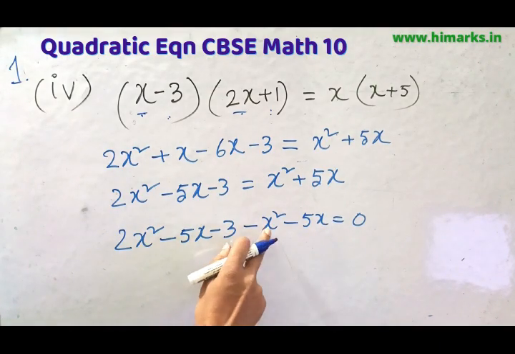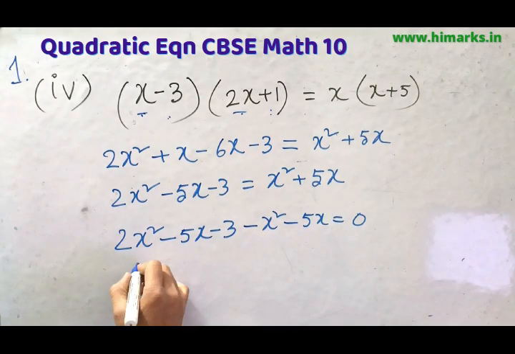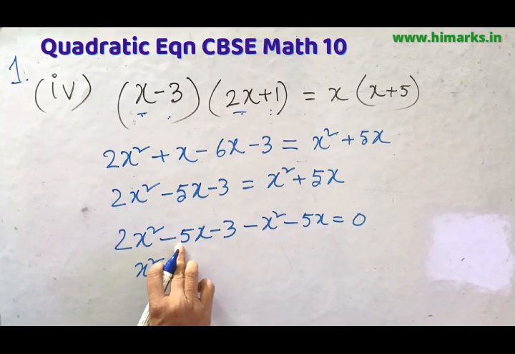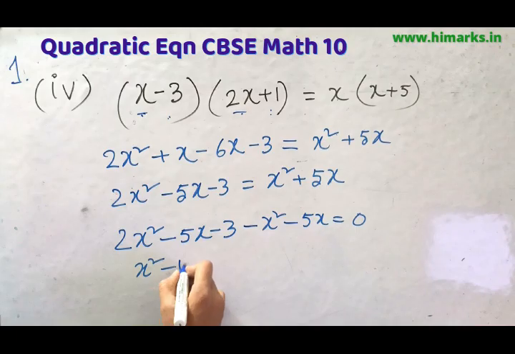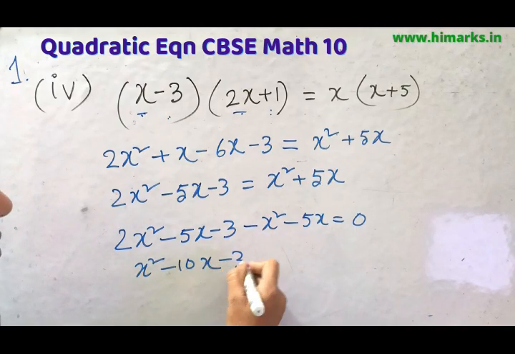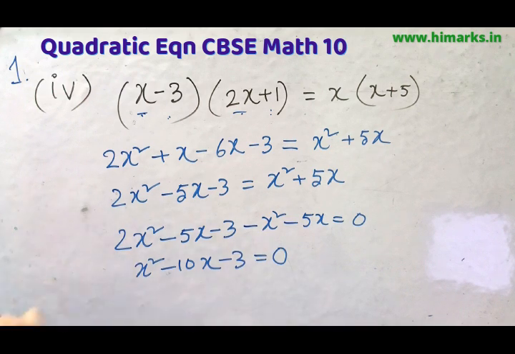And then 2x square minus x square, so remain 1x square, minus 5x minus 5x, 10x minus 3 equal to 0.